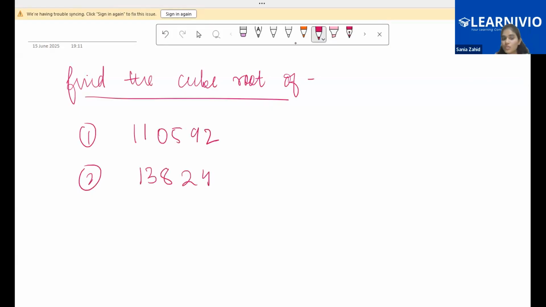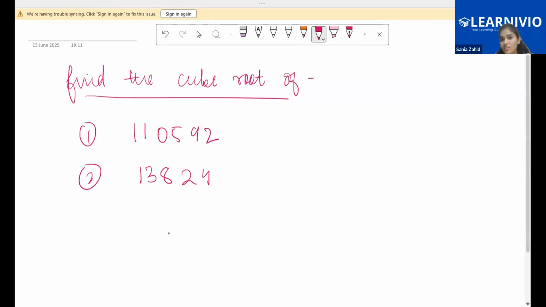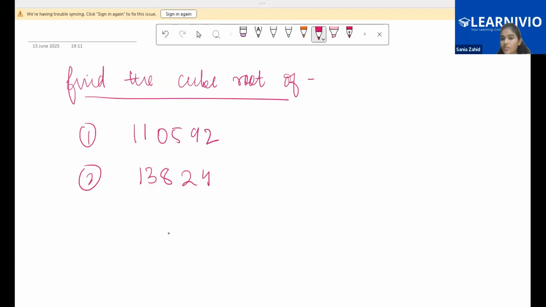Just find the cube roots of these two numbers, not by prime factorization. Harmeen, did we learn any other method? No, I was confused. In the lesson we learned just prime factorization, and the last digit of the cube. No, just by prime factorization.